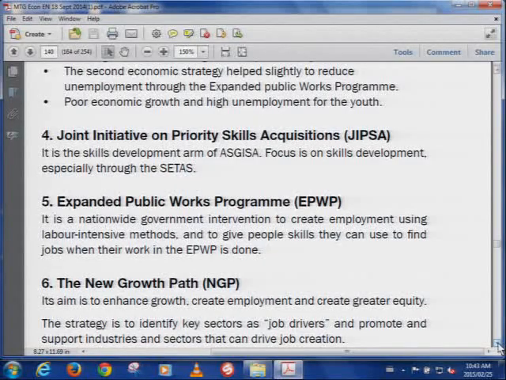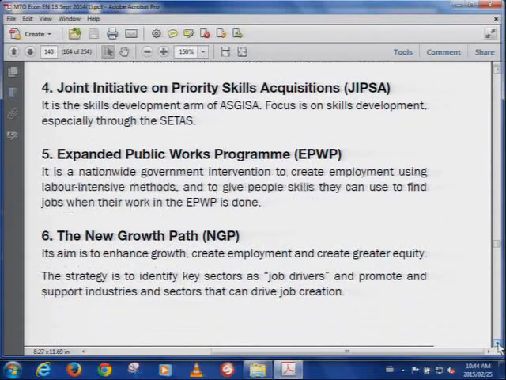This one focuses on skills development, especially through the SETAs. We know about 25 or 26 SETAs were created in order to transfer skills to people who needed skills, in order to increase their chances of being employed. And we know that this has not really gone well, because a lot of who have gone through these SETAs, they are not employed as we speak.